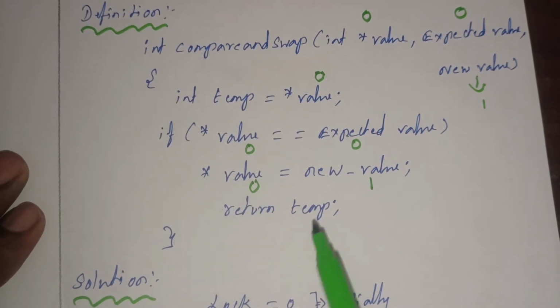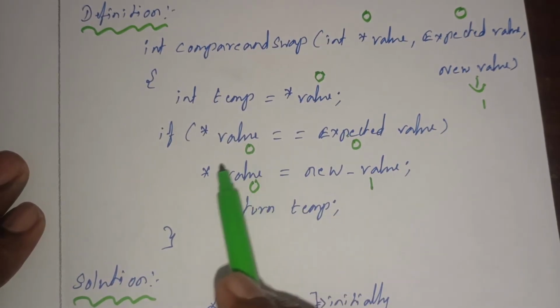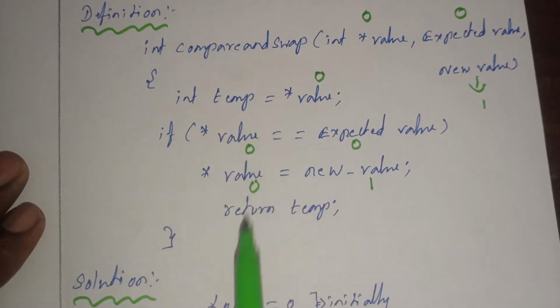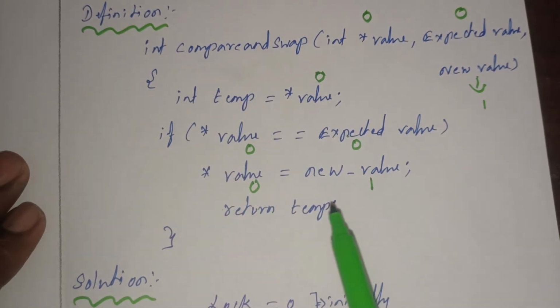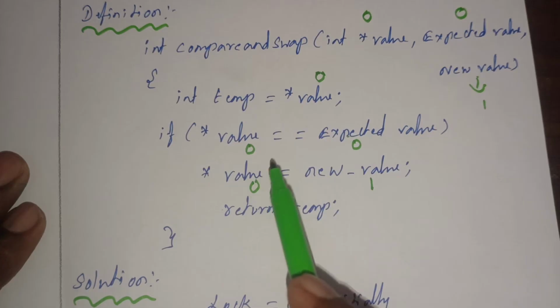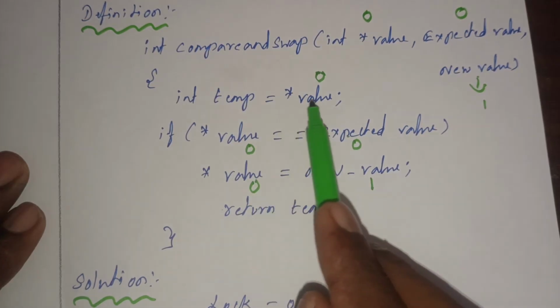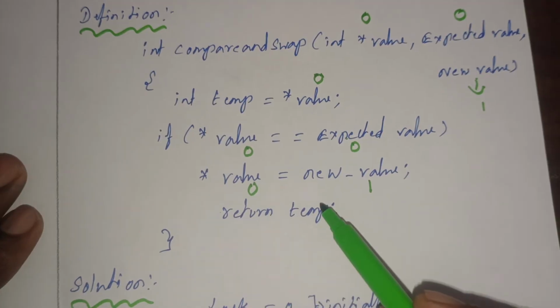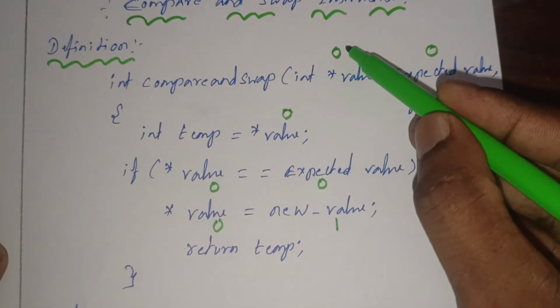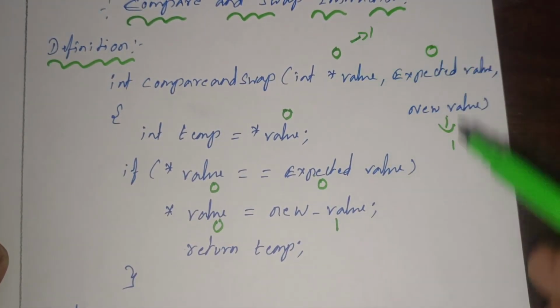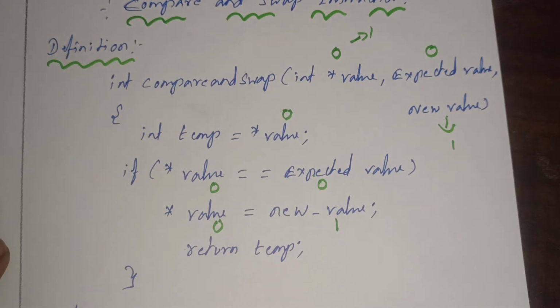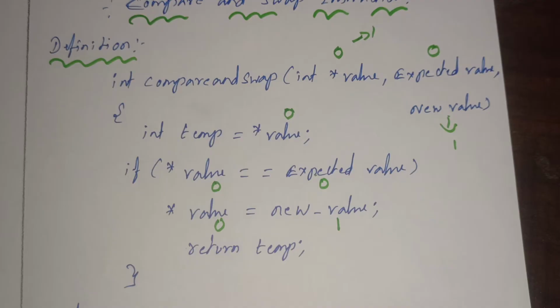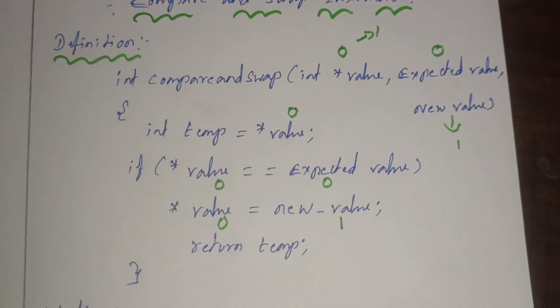See here, return temp. So what I'm changing inside the pointer value is reflected in temp, which is initially 0 because the pointer value was 0. The pointer value now becomes 1. It is initially 0 and is replaced with 1. So no process waiting outside can enter while a process is already inside. That is the actual meaning.